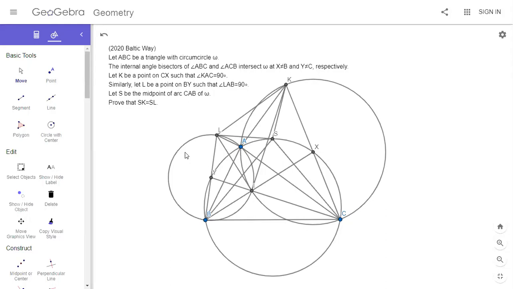Let's see. Can we prove that SY is the bisector of IYL?